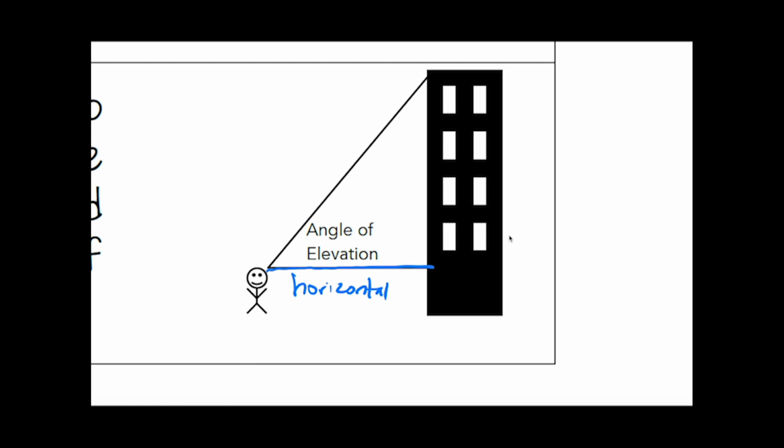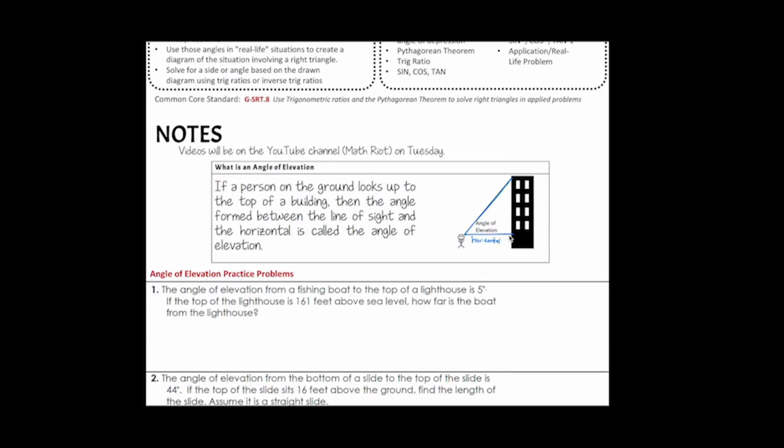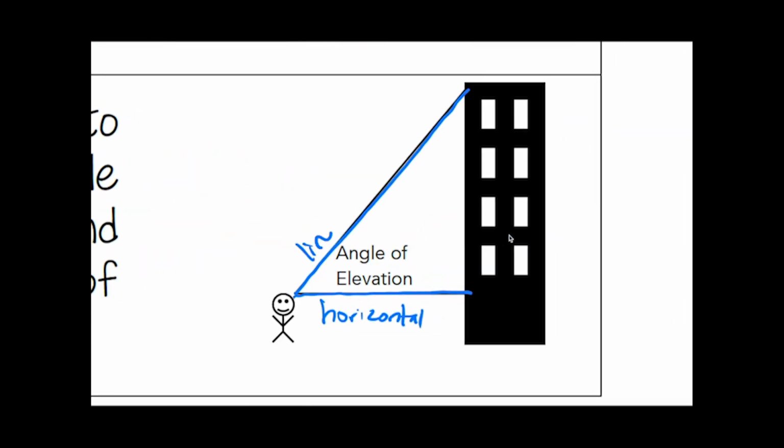In this case, it's a building. That line from your eyeball to the top is basically your hypotenuse, right? It's your line of sight. And those two lines with the building, if you go straight down, create your right triangle.